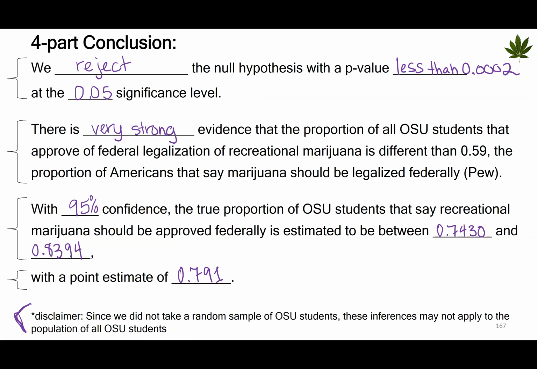So I absolutely support throwing in a disclaimer saying, hey, this probably does not represent this population. But the conclusion should still be written in terms of the population. Like, it should still say the proportion of all OSU students and whatnot. It's okay to have a disclaimer that says it doesn't, but the write-up should still be in terms of the population.